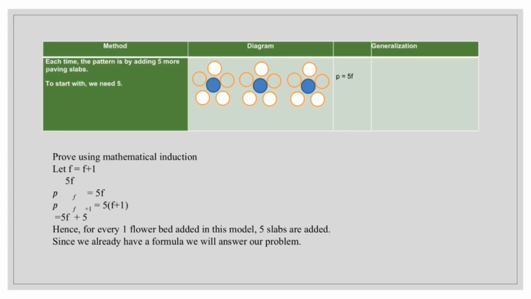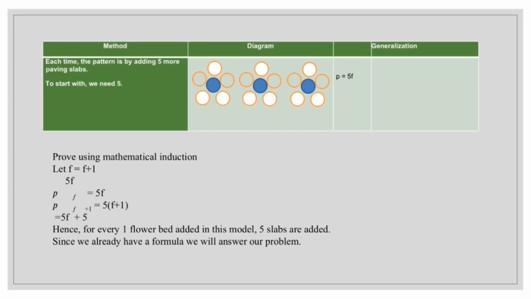And then meron tayong another explanation dito. Each time the pattern is by adding 5 more paving slabs. To start with, we need 5. Makikita natin sa diagram. And then sa our generalization is p is equal to 5f. Then, let's now prove using mathematical induction.